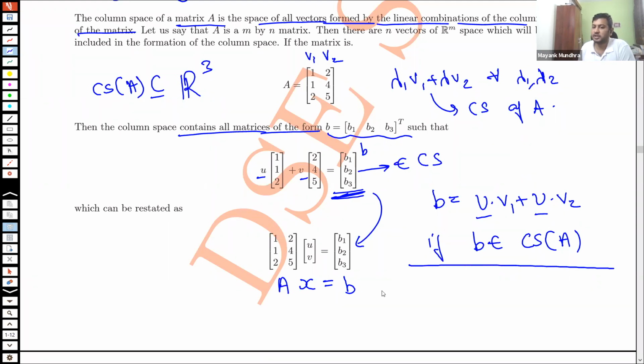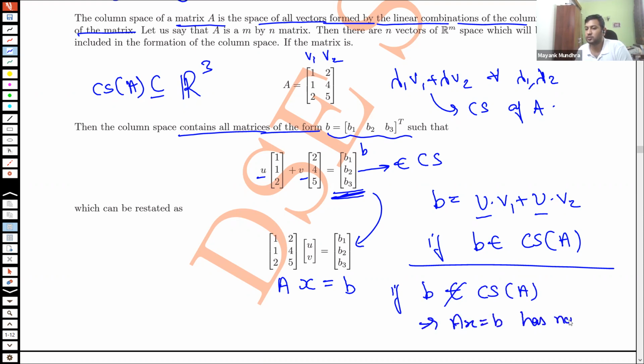If, on the other hand, B does not belong to the column space of A, then AX equals B has no solution.